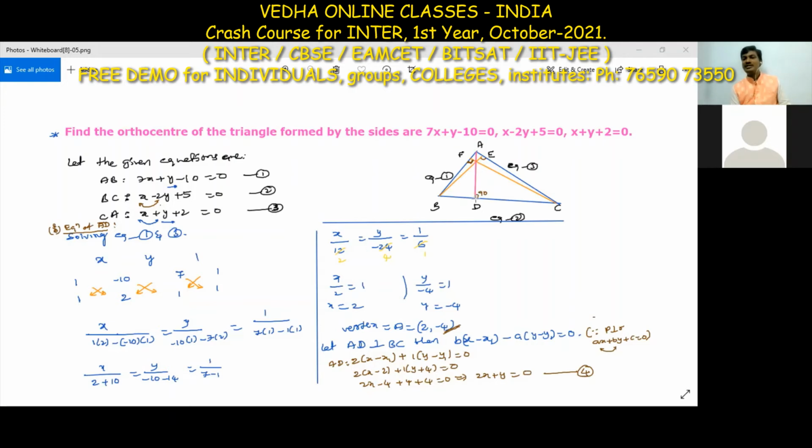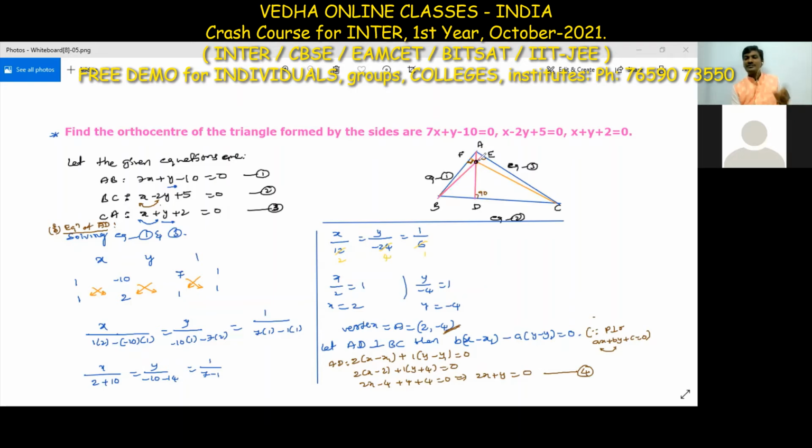This is the perpendicular line from A. From B I am drawing the perpendicular line to CA. The intersecting point of these two is called the orthocenter. So this point is the orthocenter.